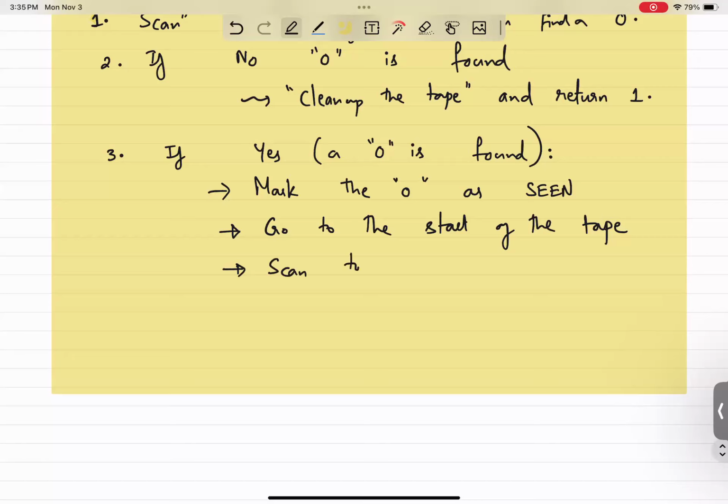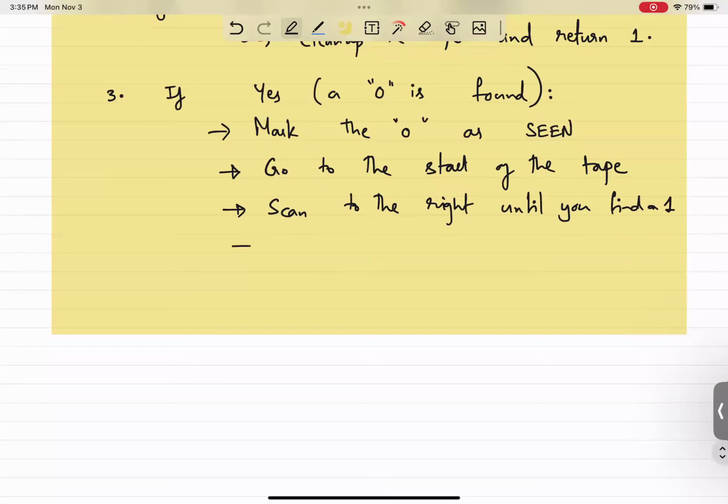Scan to the right until you find a 1. If no 1 is found, what should you do? Then you've seen a 0 but no matching 1, so the output should be 0.